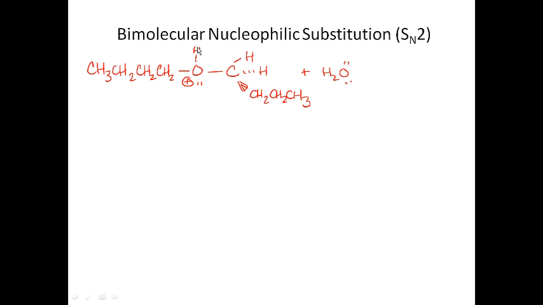And so then this oxonium ion would lose a proton. So what would happen along the way is you would break this oxygen-hydrogen bond. That would come down there. There would be a transition state for that.